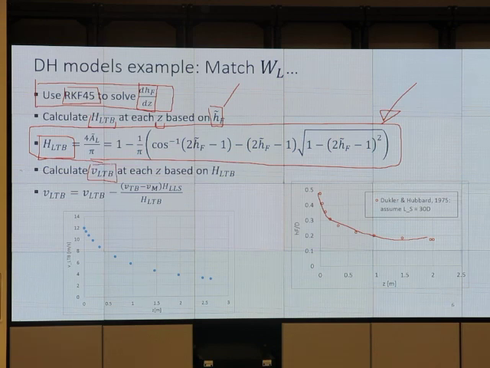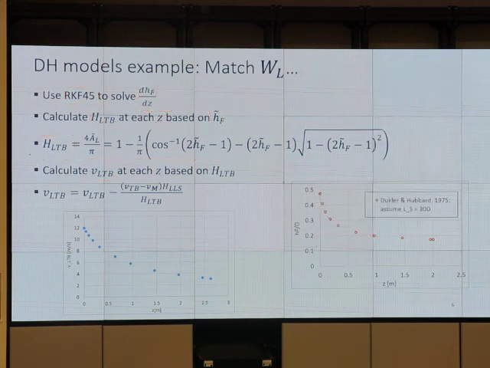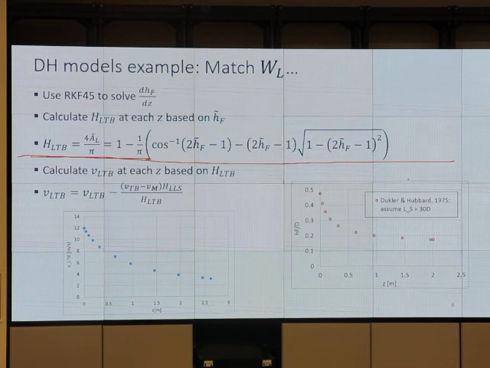Oh, wait a minute. Before I do this step, I have to make sure that we have mass balance. But we can do it until the end and do mass balance.